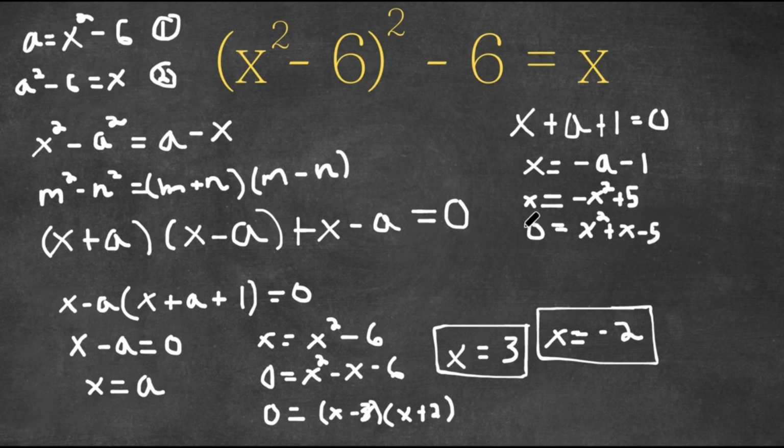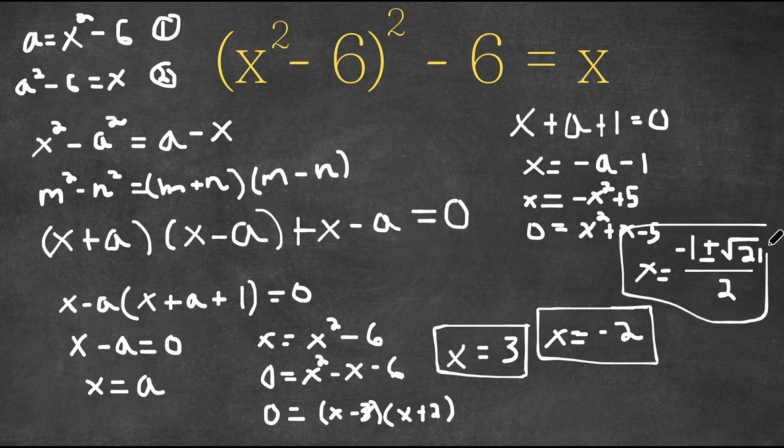And if we plug this into our quadratic formula, we get -1 plus or minus the square root of 21 over 2. So these are our two other solutions. We have -1 plus the square root of 21 over 2 and -1 minus the square root of 21 over 2.